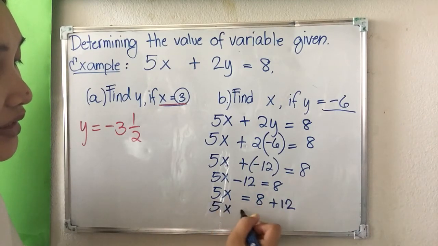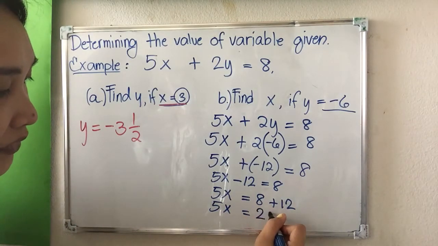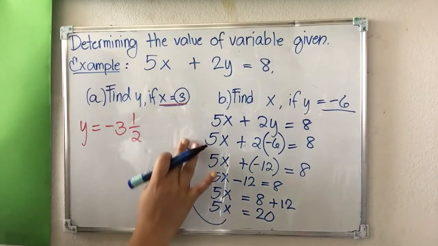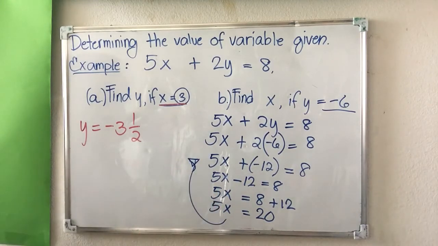So 5x is equal to 8 plus 12, that is 20. So we have 5x is equal to 20.